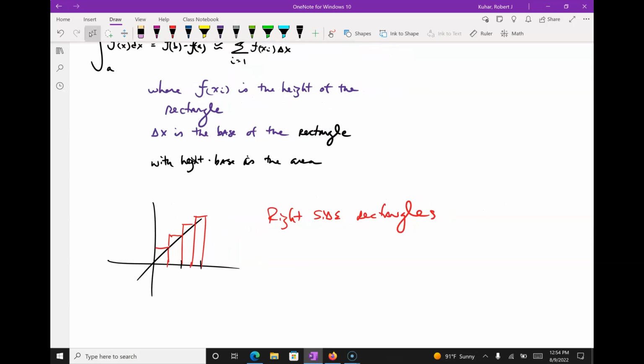Yes, you can see that the top right corner of my rectangle is getting me my height. And so this is x sub 0, x sub 1, x sub 2, x sub 3, x sub 4, right? Each tick mark is marking off x sub i. So i is the index.